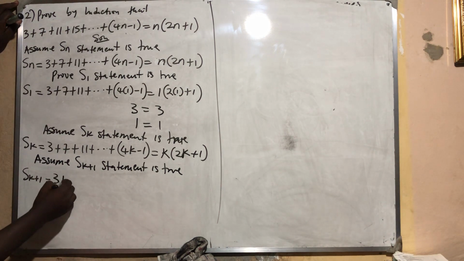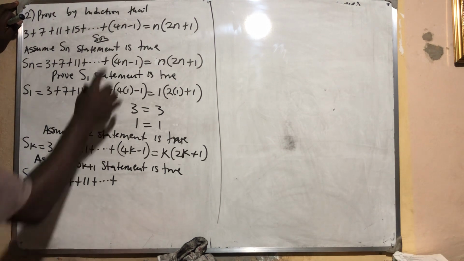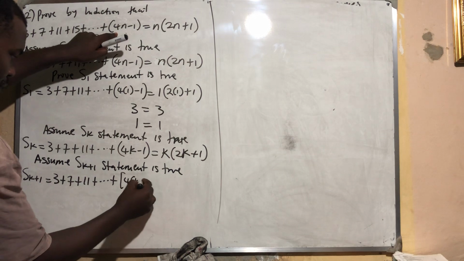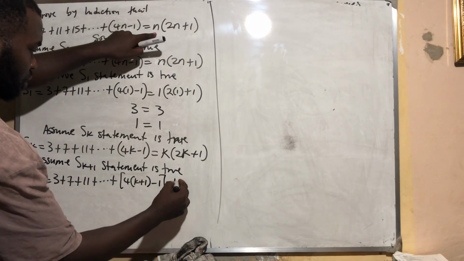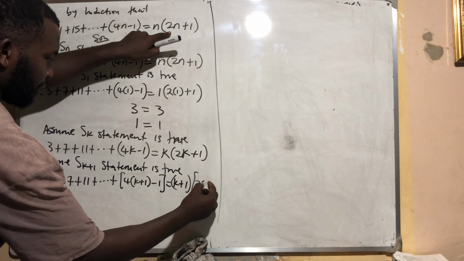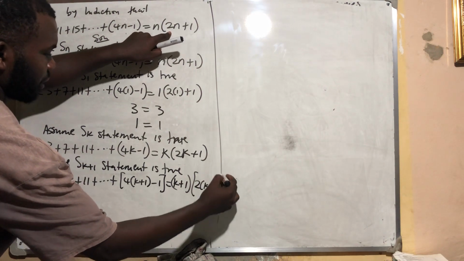So I have 3 plus 7 plus 11 plus dot dot dot plus 4 in bracket of k plus 1 before I put my minus 1 is equal to k plus 1 into 2 in bracket of k plus 1, then plus 1.